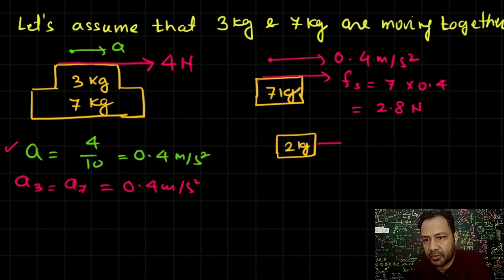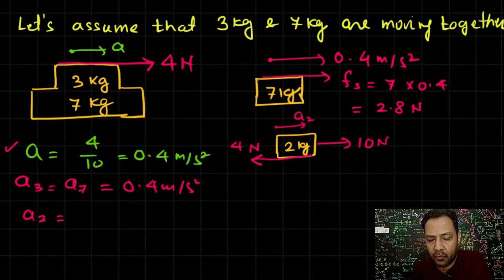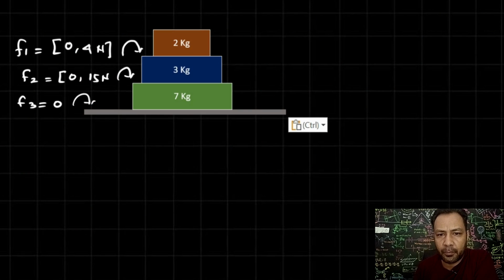There was a force, this 10 Newton, and the friction force between 2 kg and 3 kg was 4 Newton. So the acceleration of the 2 kg block, A2, is 10 minus 4 is 6, and 6 by 2 is 3 meter per second square.